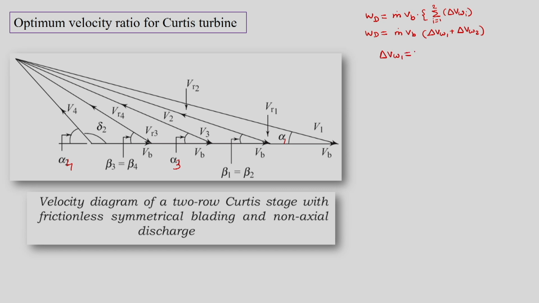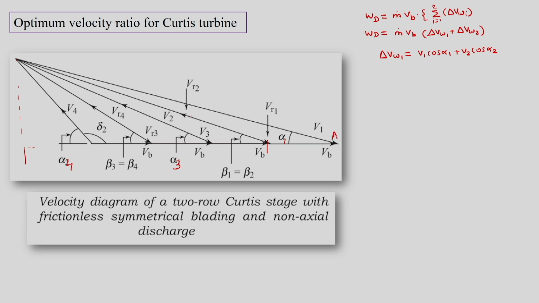Now, delta VW1 is equal to V1 cos alpha 1 plus V2 cos alpha 2, and V2 cos alpha 2 is this part for us, this is V2. So, V2 cos alpha 2 is practically this big length from here to here.